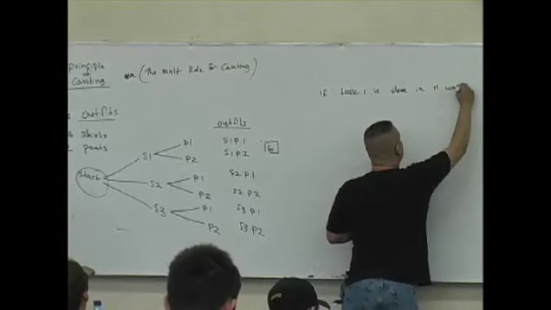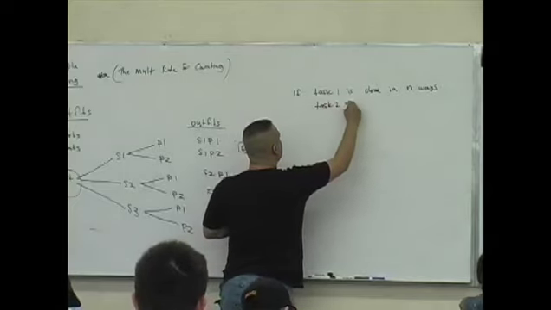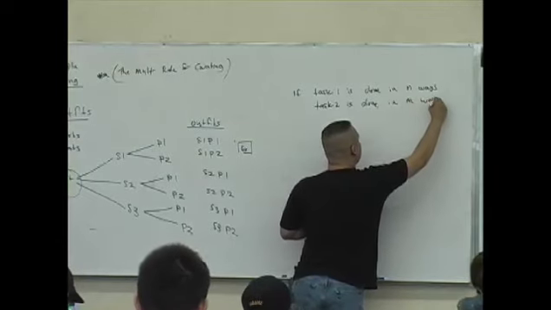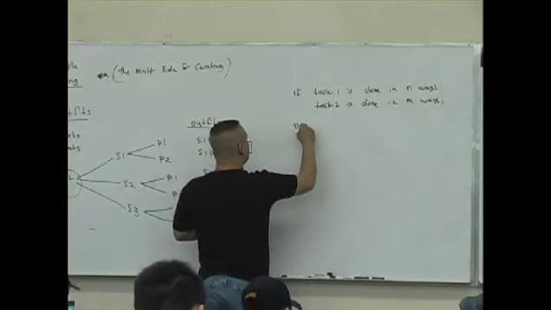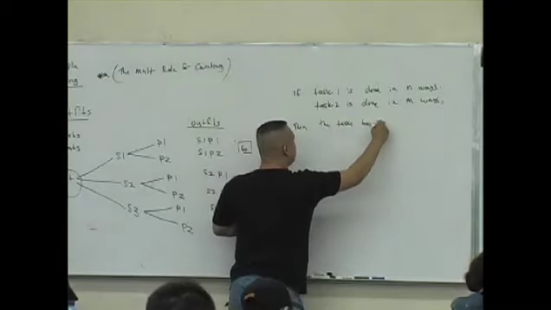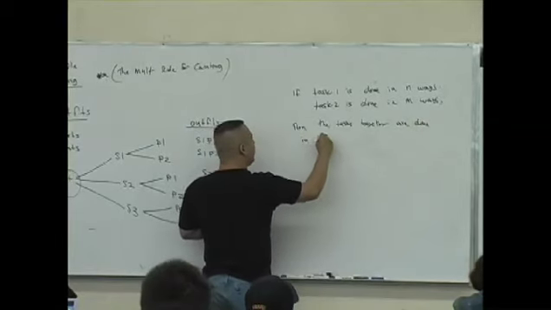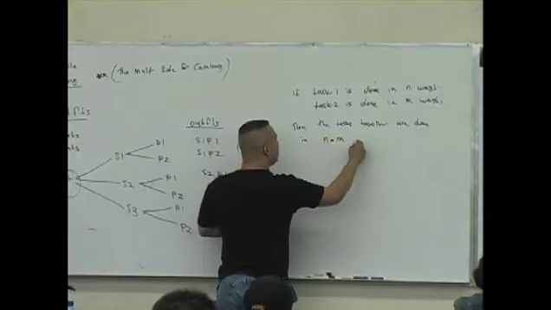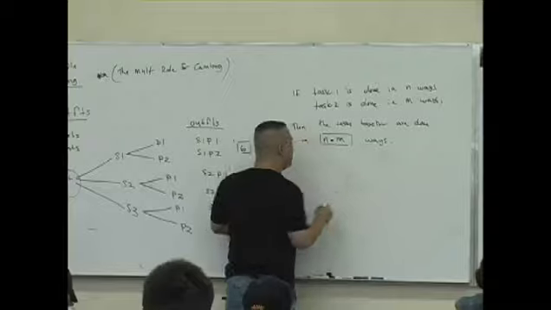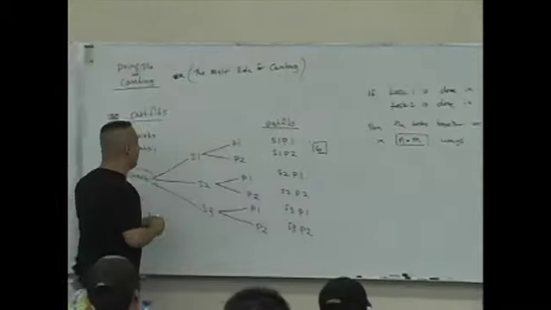If task 1 is done in n ways, task 2 is done or completed in m ways, then the tasks together are done in n times m distinct ways.